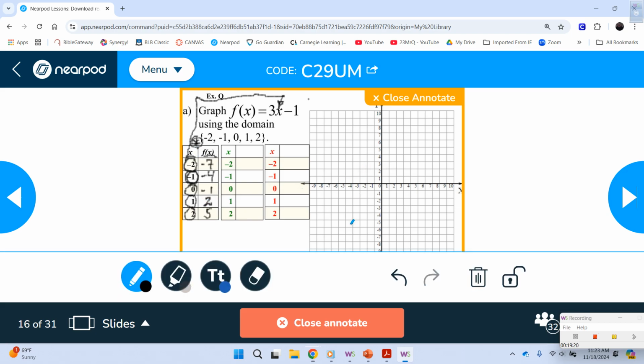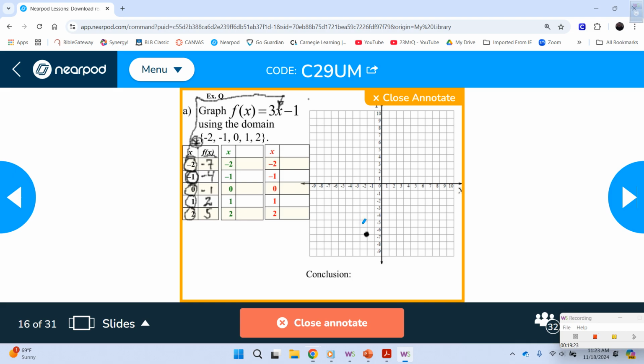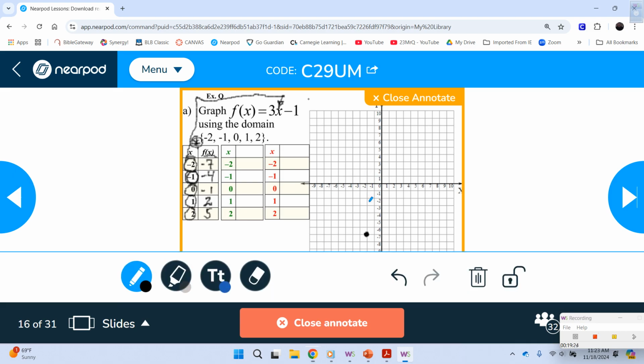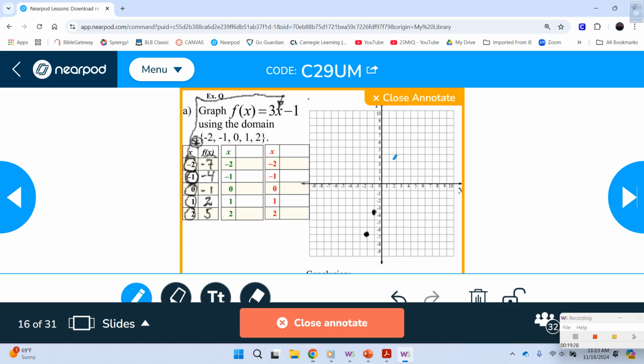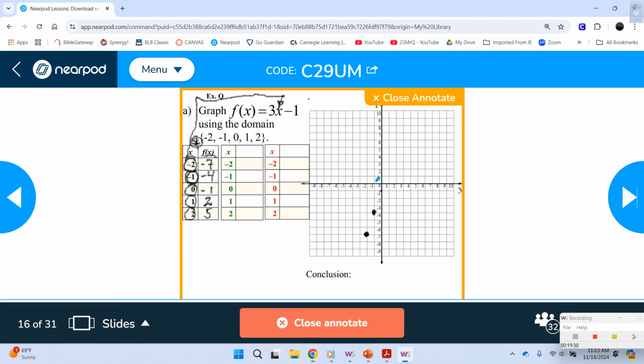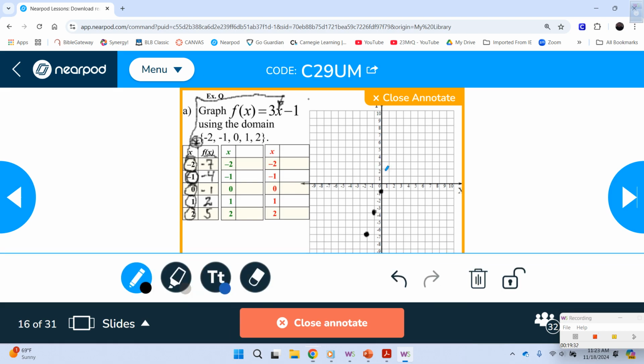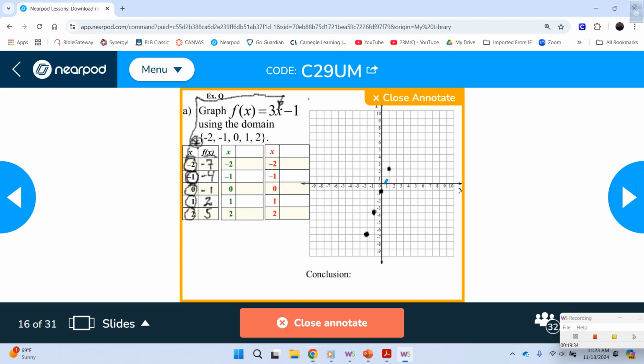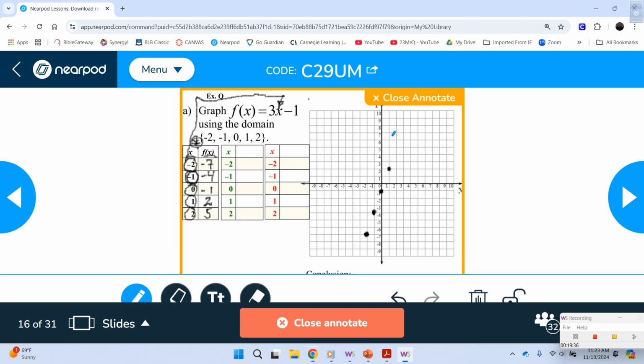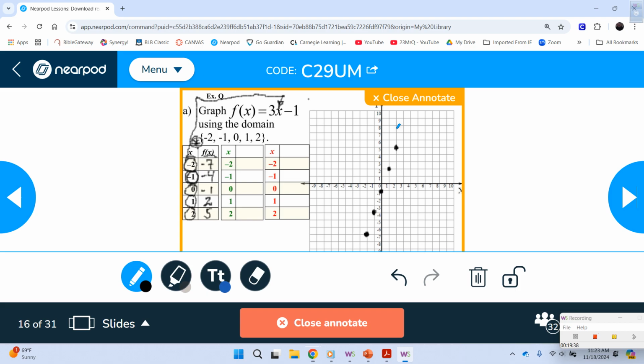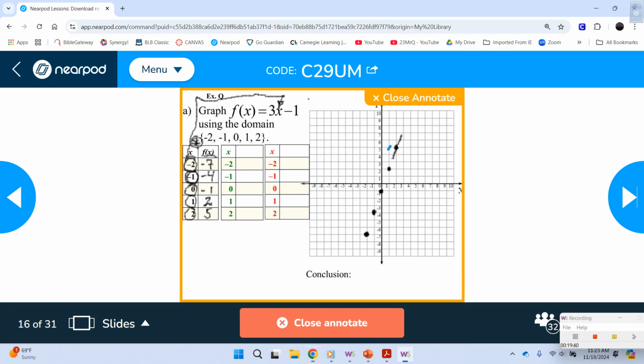Negative 2, negative 7. Negative 1, negative 4. 0, negative 1. 1, 2. And 2, 5. All right, and let's get our line going through those points.